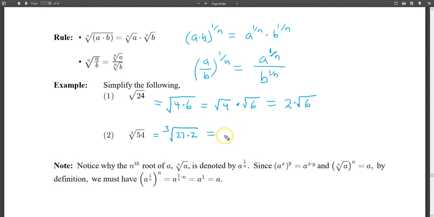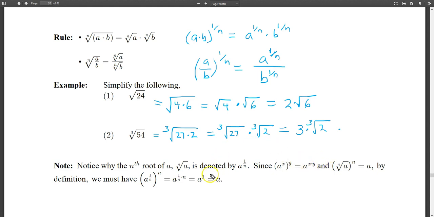And so that's going to be the cube root of 27 times the cube root of 2. Now the cube root of 27 is 3, because 3 times 3 times 3 is 27, so this simplifies as 3 times the cube root of 2. And there you go.